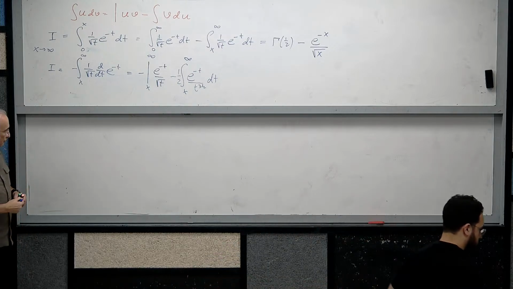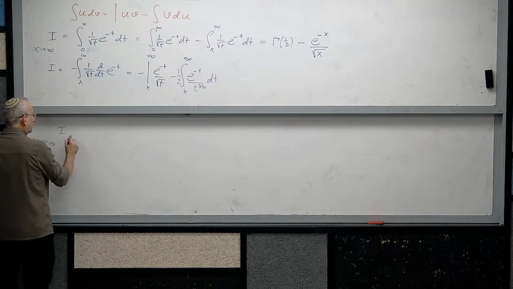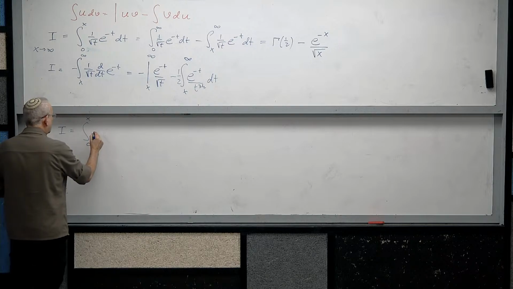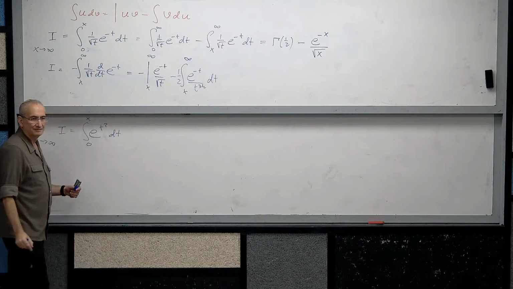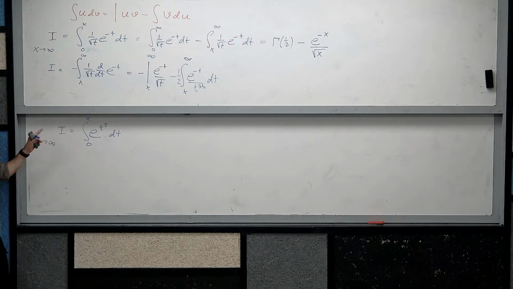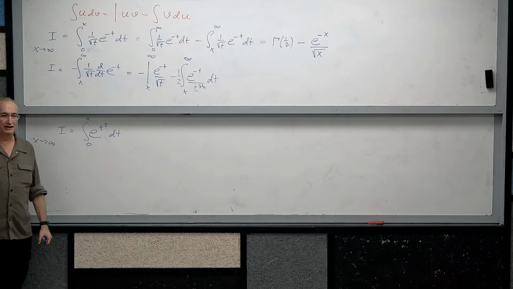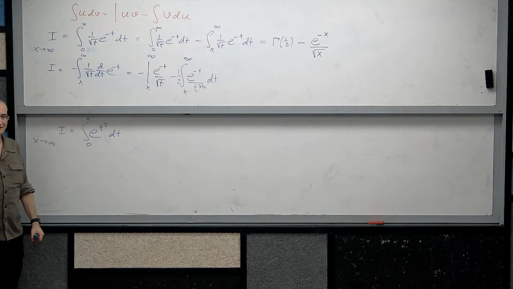Last example. I want to calculate, again as x goes to infinity, the integral from 0 to x of e to the t squared dt. Not minus t squared, t squared, right? I leave it for you to check that the tricks we presented until now are not going to work.